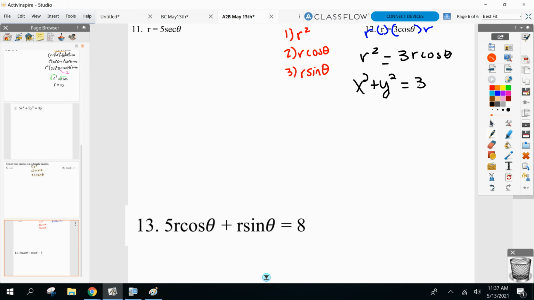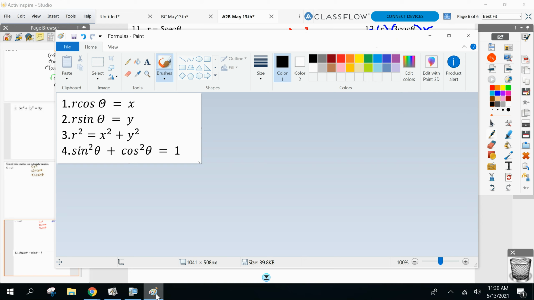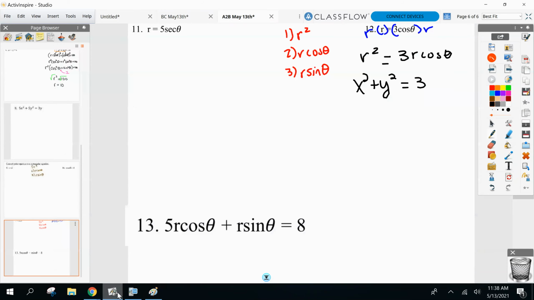And what do you want to substitute in for r cosine theta? x. Done. There you go. So x in for r cosine theta, x squared plus y squared in for r squared. Make sure your final answer just has x's and y's only, which it does. And take 45 seconds to a minute to check both graphs on Desmos.